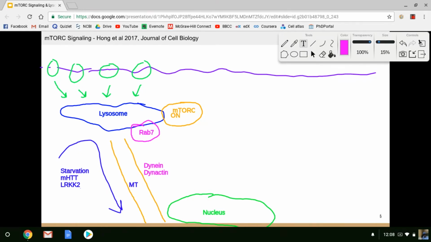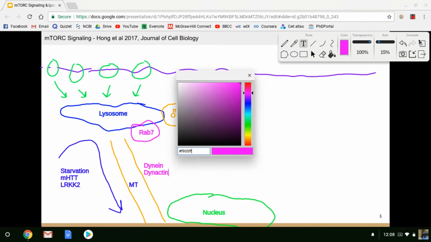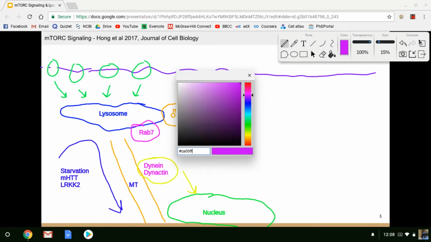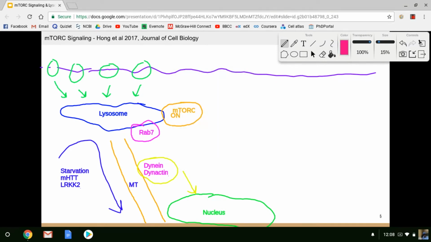and dynactin. Dynactin is associated with dynein and serves as an adapter. So in order to be transported retrogradely, this Rab7 lysosome needs to somehow link up with dynein, dynactin, to be moved back to the nucleus. So how does that happen? It occurs through an adapter protein. We're talking about a lot of adapters here.